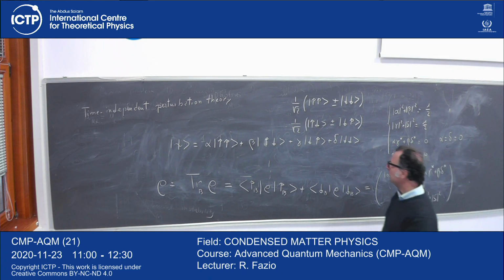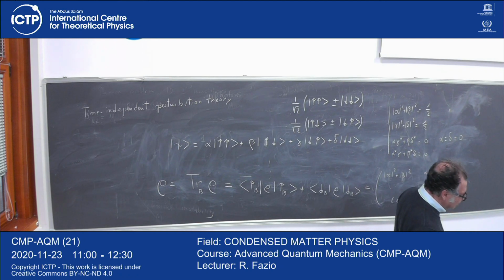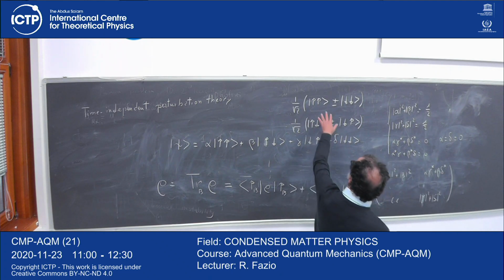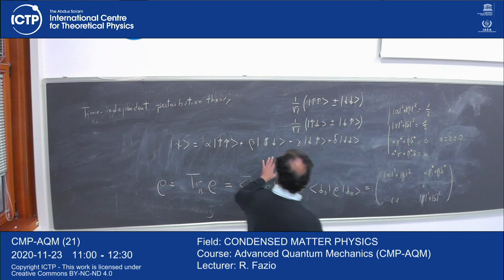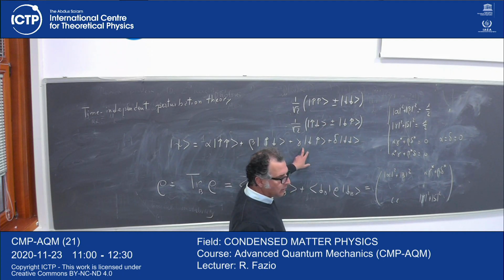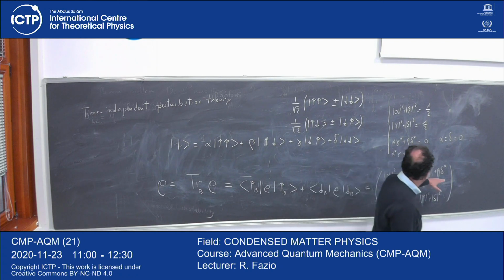In order to get up and down, beta and gamma should be equal to 0. So this term disappears, and beta and gamma are just 1 over square root of 2.